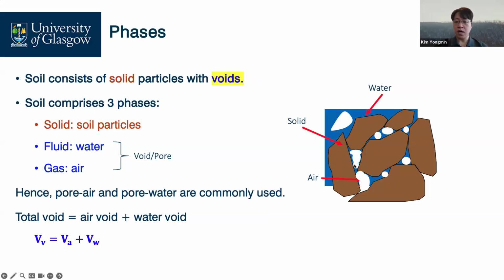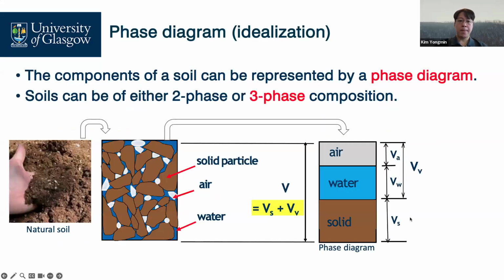Let's say all voids are filled with air, no more water. This soil is said to be dry. So the total void volume equals the air volume plus the water volume. As we can see, this is the nature of the soil. We need to get it simplified.